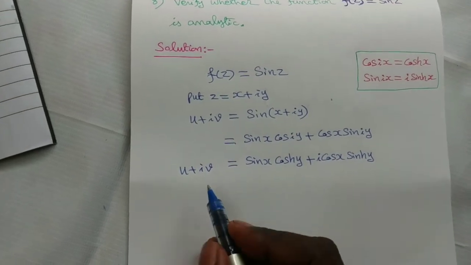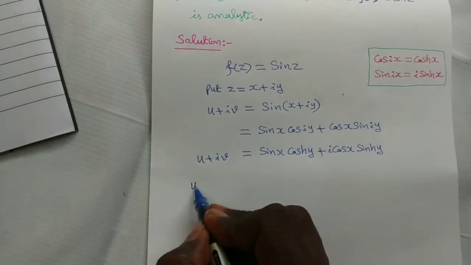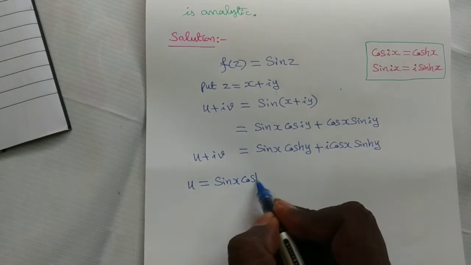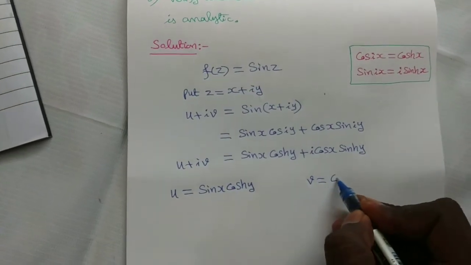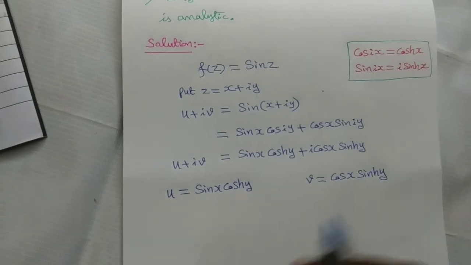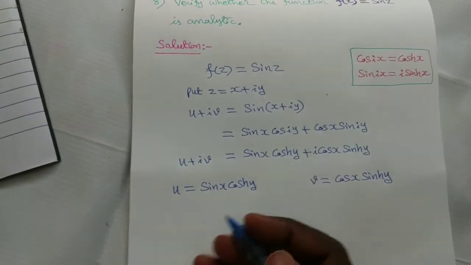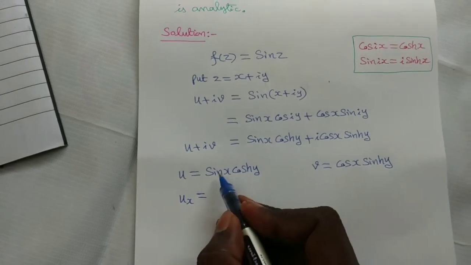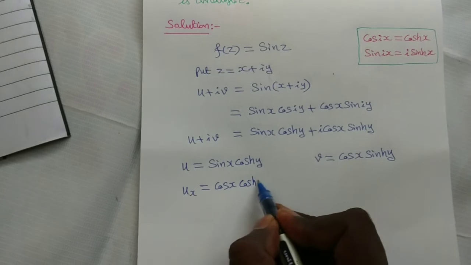Now I am going to equate the real and imaginary parts. By equating the real part, u is equal to sin x cosh y, and equating the imaginary part, v is equal to cos x into sinh y. To verify the CR equation, I want to differentiate partially with respect to x and y. So ux, the partial derivative with respect to x, sin x differential is cos x into cosh y.